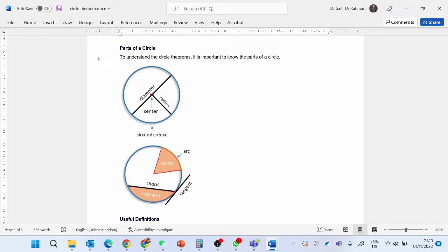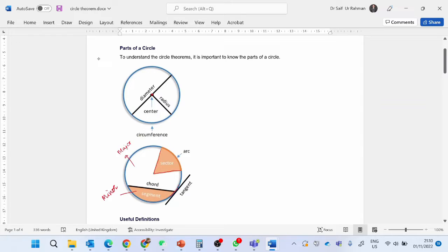So this is a segment, and it's a minor segment. It's called a minor segment because the chord divides a circle into one or more segments. So this is a minor segment, and this side is a major segment which the chord is dividing.